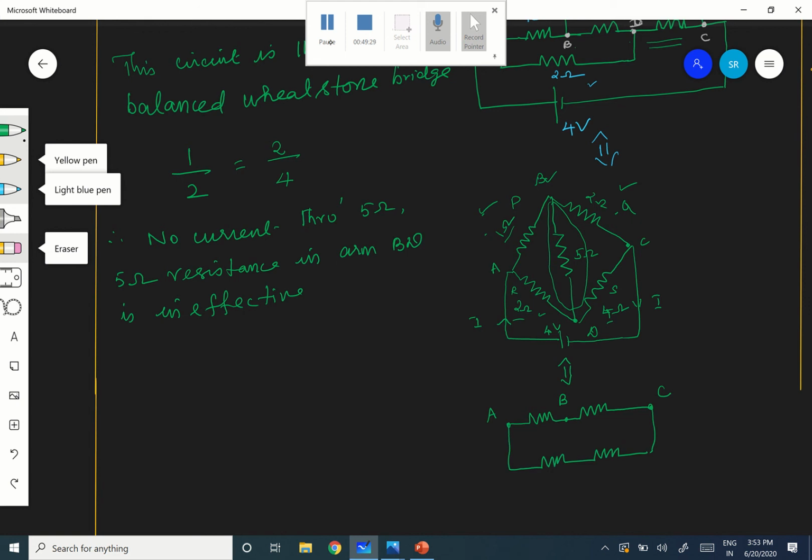And here it is 2 ohm. Okay, and this point is D. And here it is 4. 1, 2 are in series, 2, 4 are in series. And this is connected to a battery.